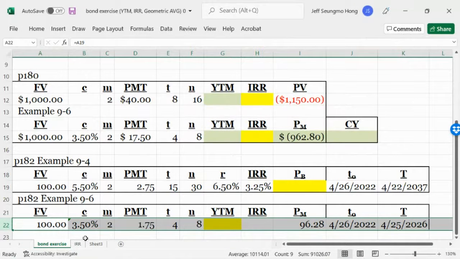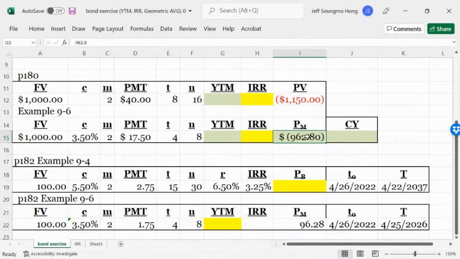You might wonder about something. Face value is $100? Coupon payment $1.75, price $96?